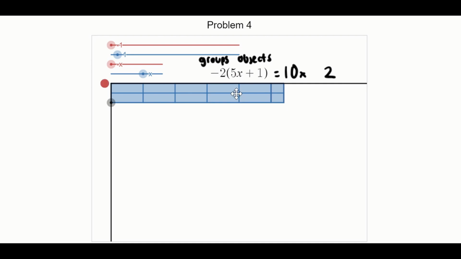Notice what happens when I make these into negative groups. What happens to the color of the tiles? When I made a negative group, everything inside the group became the opposite. So instead of having 10x, I actually have negative 10x. And instead of positive 2, I have minus 2. So our final answer is negative 10x minus 2.